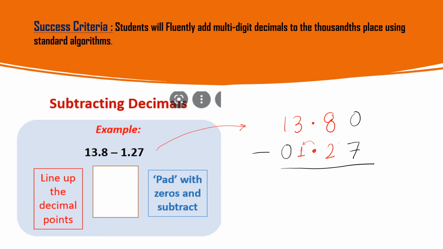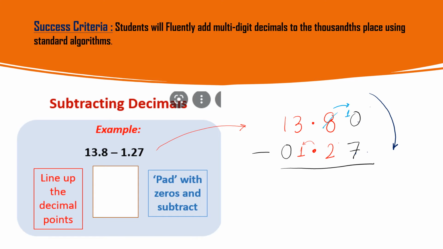Now, students, they subtract the down from the up. No, always subtract from up to down, not from big to small, but from up to down in the vertical way. Okay, so you cannot subtract the 7 from 0. So for that reason, you take the 1 from the neighborhood.